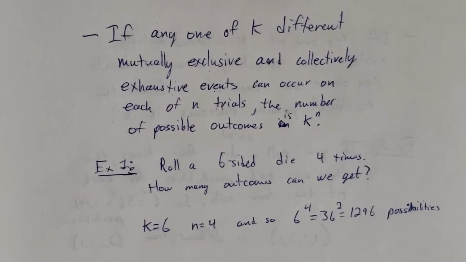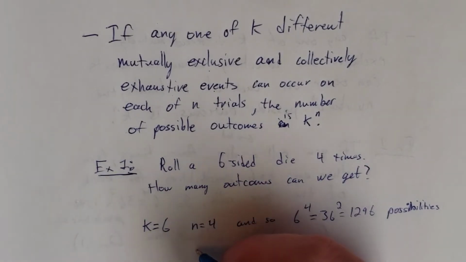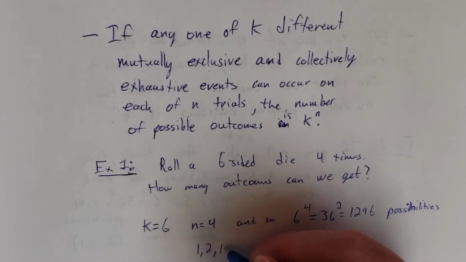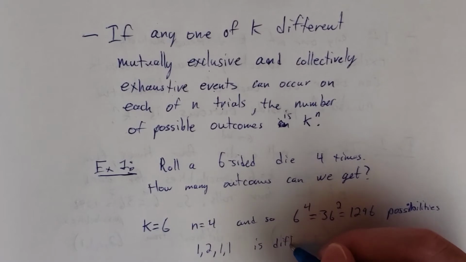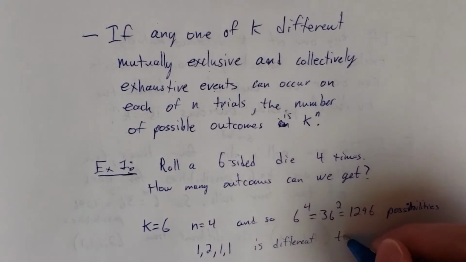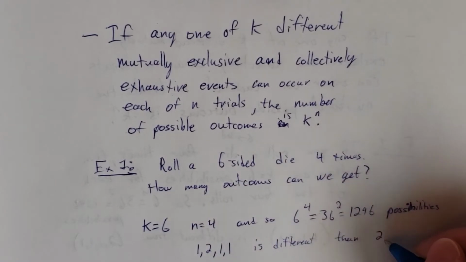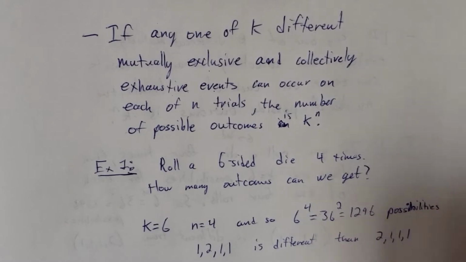All right, now let's be clear on something. The outcome of 1, 2, 1, 1 is different than 2, 1, 1, 1.